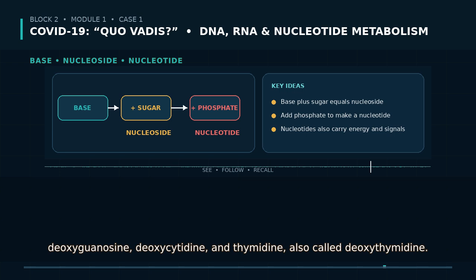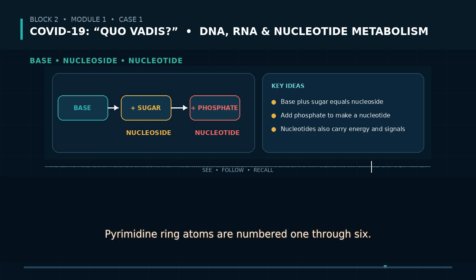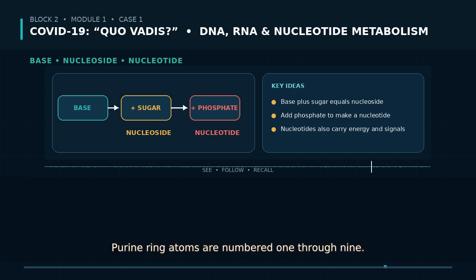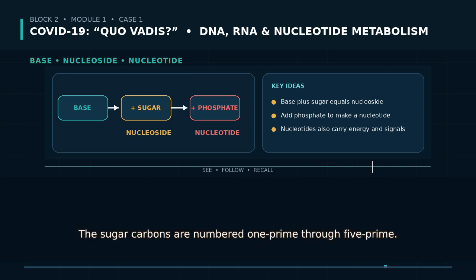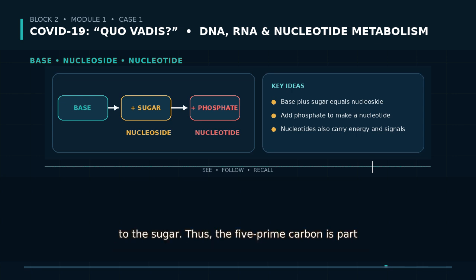3' nucleotides can occur during nucleic acid breakdown, but the common nucleotide triphosphates used in metabolism are 5' nucleotides. In functioning cells, nucleotide diphosphates and triphosphates are often more abundant and metabolically active than free bases or nucleosides. Nucleotide functions throughout the body.